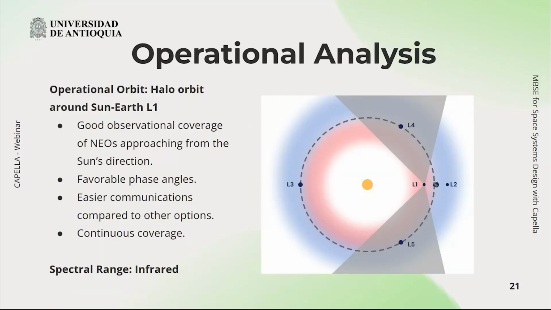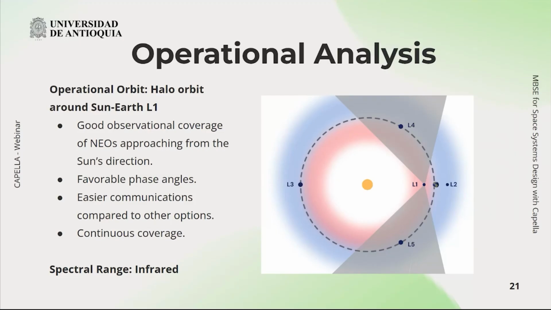And this operational analysis also implies other analysis. In this case of a space mission, the astrodynamics aspect, there are many possibilities to select the operational orbit, but these specific points are Lagrange points, which are the result of the circular restricted three-body problem, where we have the gravitational effects from two main bodies, and it provides specific zones with specific families of orbits, very interesting for many types of applications.